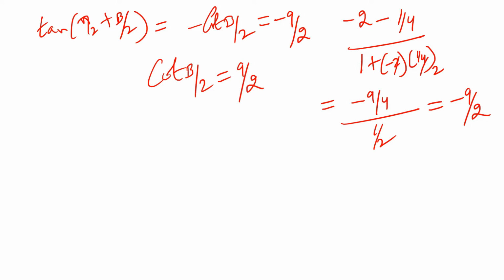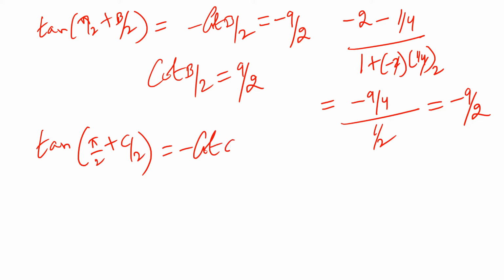Fine. And similarly, if we consider the lines IA and IB, we can find the value of tan of pi/2 plus C/2, which is equal to minus cot of C/2. Let us do the calculations.